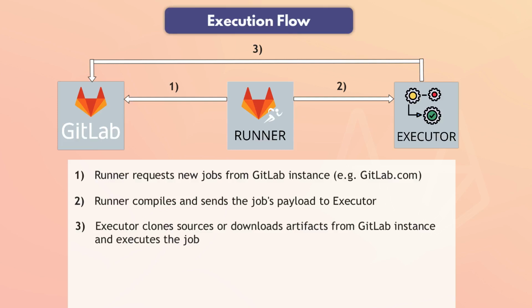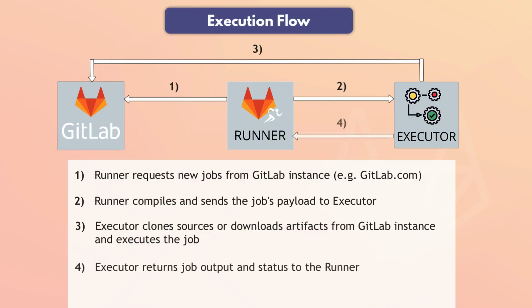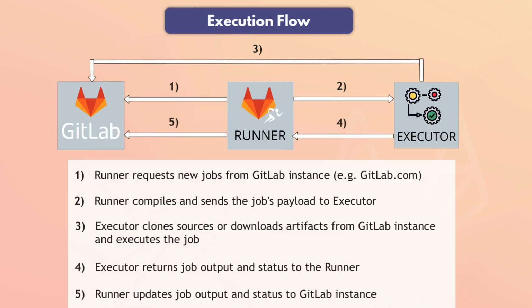So executor will download the application source code, so it has all the files available in its execution environment, and then execute the job that it received from the GitLab runner. Once the executor is done executing the job, it will return the output of the job to the GitLab runner, and GitLab runner will then notify what the executor provided back to the GitLab instance.